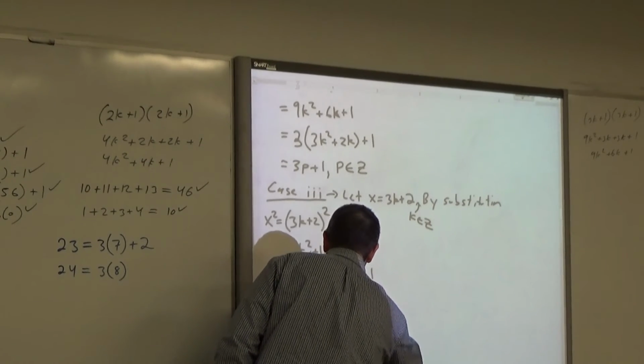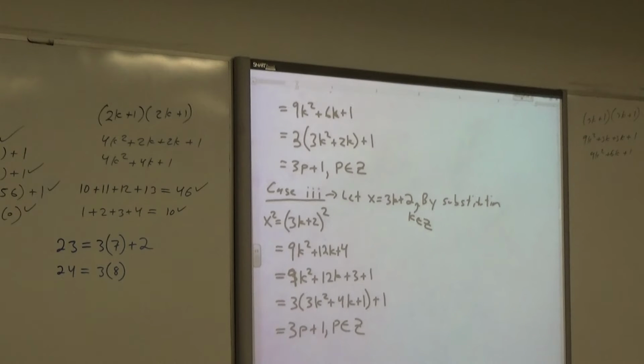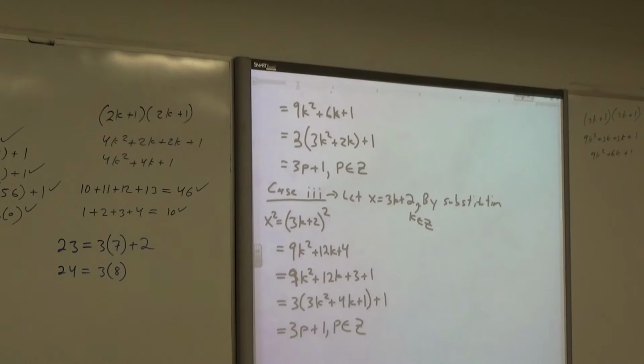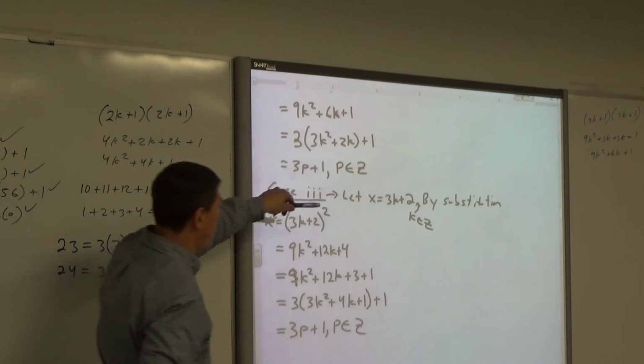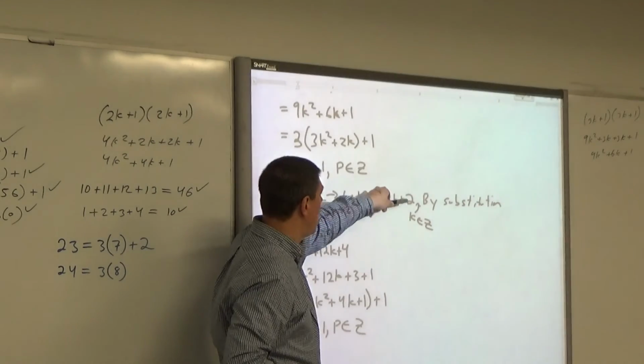Okay, so let me let you guys copy that down for a moment. Why is it 3p plus 1 and not 3p plus 2? Oh, remember what we're trying to prove, Andre. We're trying to prove it's either 3k or 3k plus 1. That's the original. We substituted 3k plus 2, right? Why did we substitute 3k plus 2?